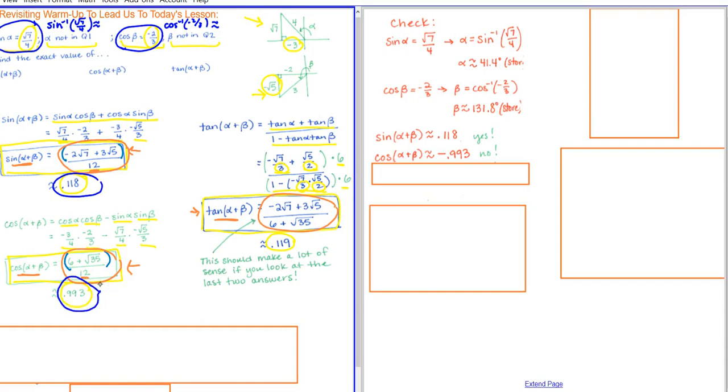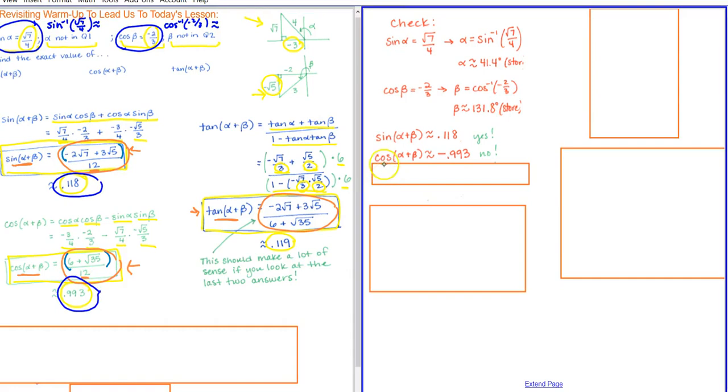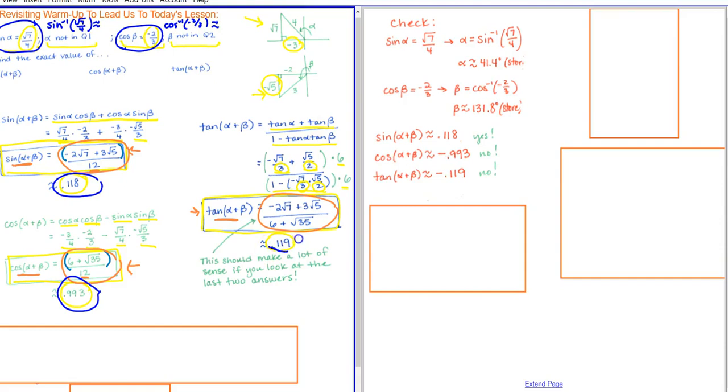One was the opposite of the other. And then I did the same thing for tangent, and I got negative 0.119, and that was not the same as the other one.